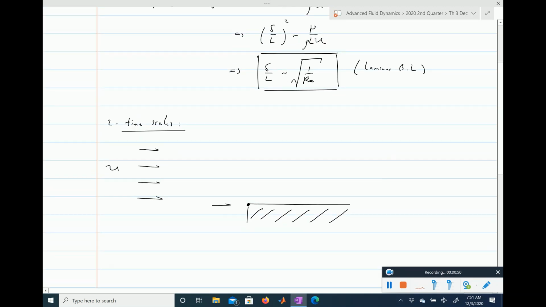And the question we are going to ask is, here the flow is irrotational in all this region, right? It's uniform, but here we impose a no-slip boundary condition, so somehow there is going to be vorticity created at this no-slip boundary.